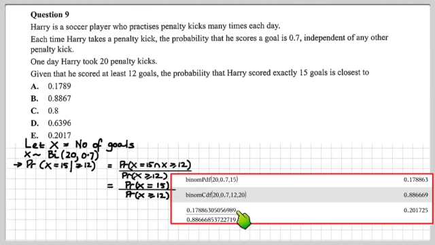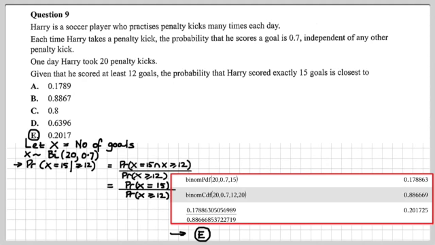You see I didn't round off, did I? I just called down the answer to this, and then called down the answer to that, and just went for it. So I'm not going to have any rounding errors here. That's 0.201725, which looks like number E. Okay, number E is our man.